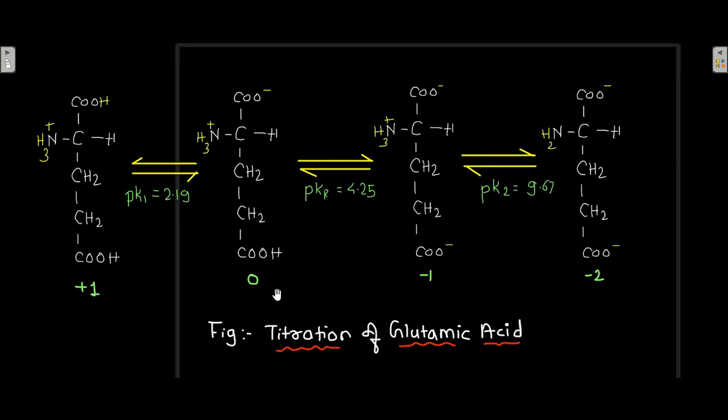But if you increase the pH further, then the secondary carboxyl group also loses a proton, and now there is a net charge of -1 on this molecule. But if you increase pH even further, then the proton of the amino group is also lost, and now you have -2 charge on the glutamic acid at high pH.